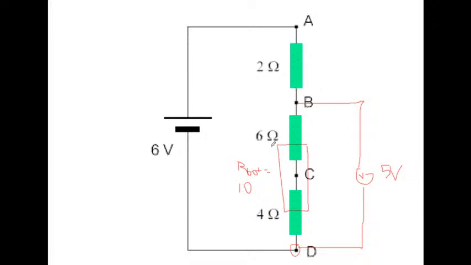Right, and again, we could look at this part here without them combined, right? Use C and D as our 2 points for our potential divider. And then we would combine these to become the top, which is 8.